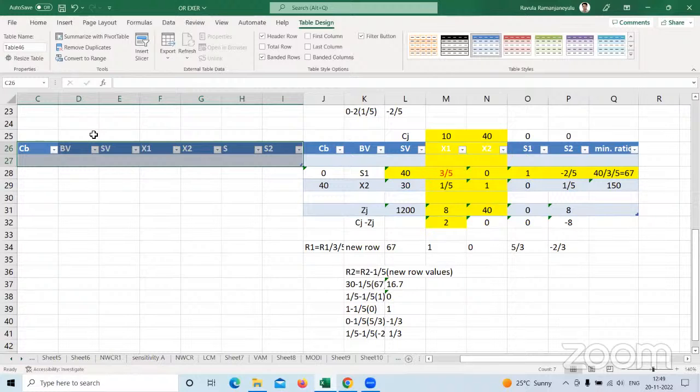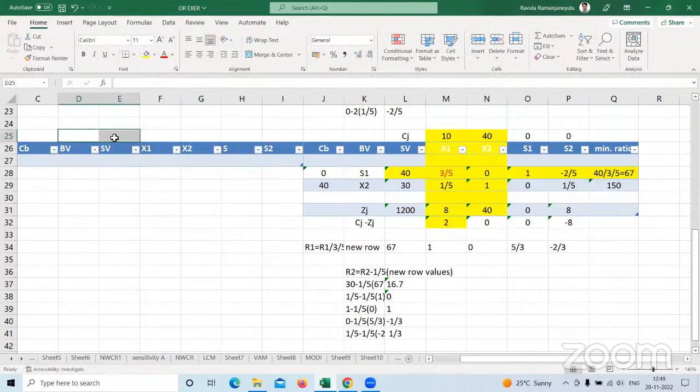And this is CJ. CJ value is the same as 10, 40.